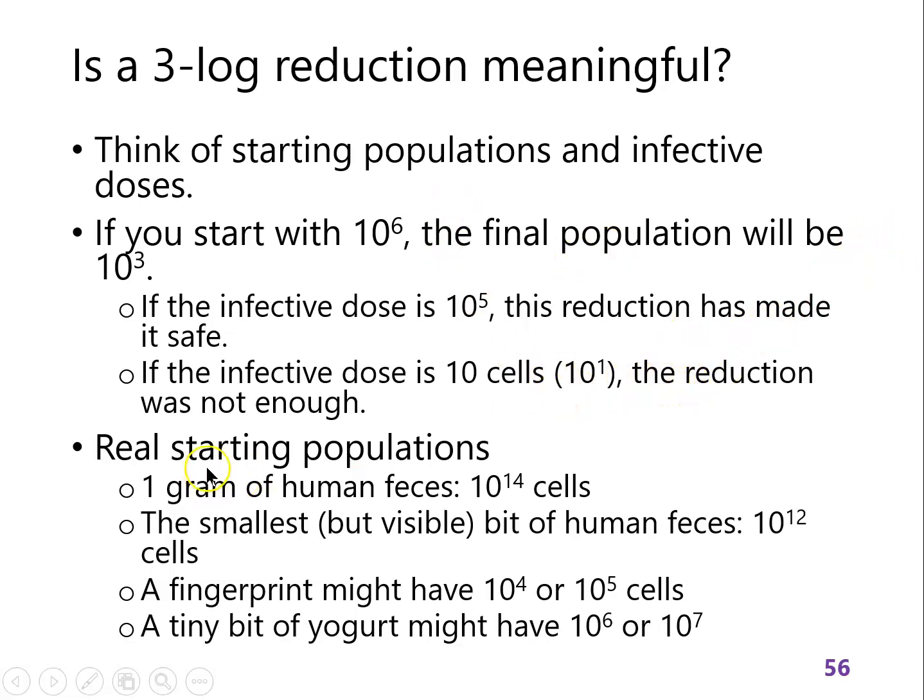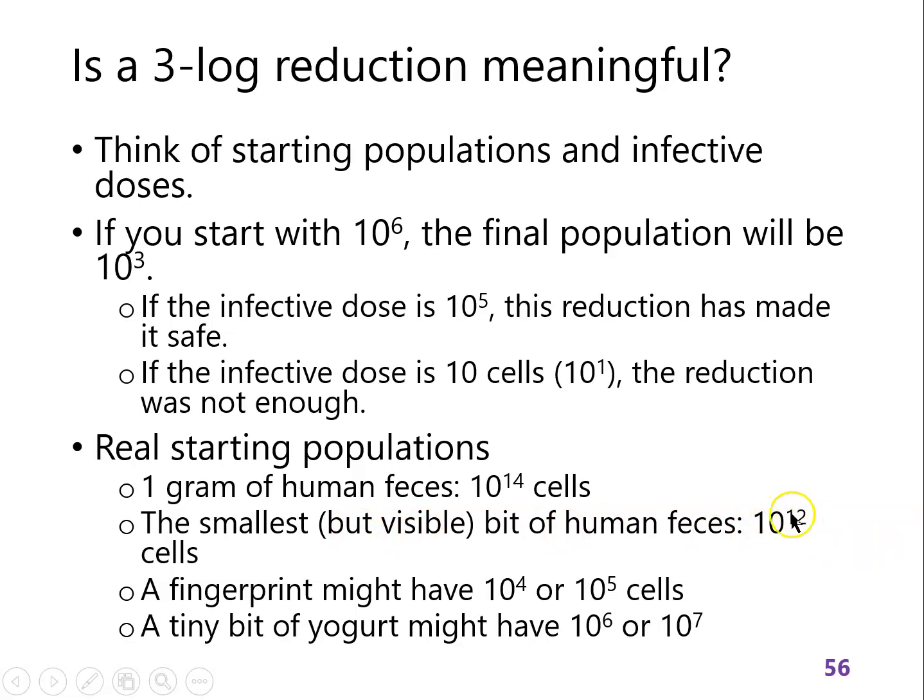And so here are some real starting populations. 1 gram of feces is 10 to the 14th cells. Off the top of my head, I don't remember what that is. 10 to the 6th is a million, 10 to the 9th is a billion, 10 to the 12th is a trillion. So that's 100 trillion cells per gram. And so if there's a tiny bit of fecal contamination on something, 10 milligrams, that's still 10 to the 12th.